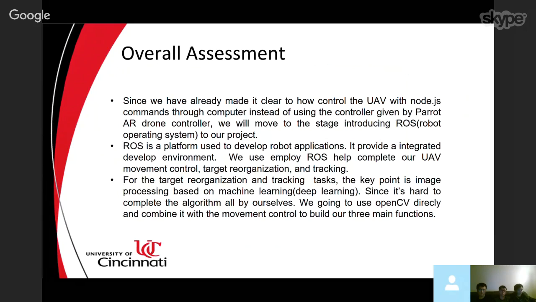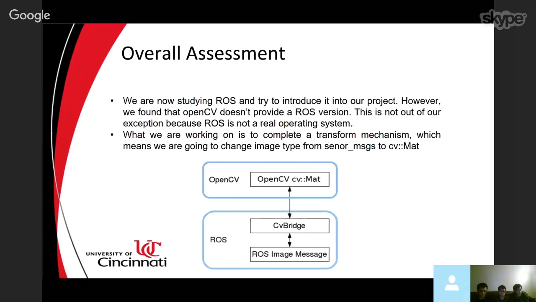Next, since we have already made it clear how to control the UAV with Node.js commands through the computer instead of using the controller given by Parrot, we'll move to the stage of introducing ROS, namely the Robot Operating System, to our project.